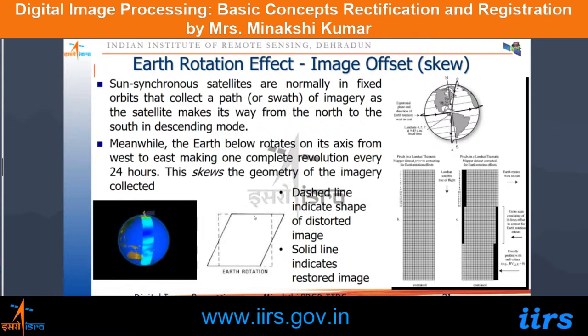If the satellite is capturing this one line, by the time it comes to this next line, the Earth has rotated. So what you are getting is an image like this, whereas each line should have been offset to the west, because you have the Earth rotation effect.